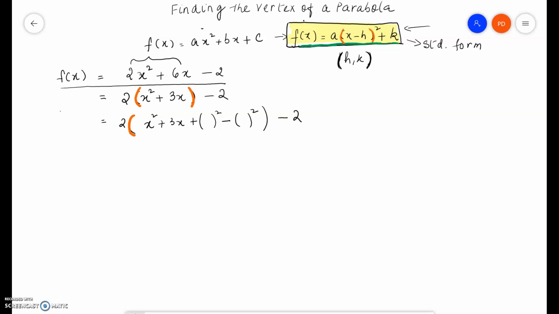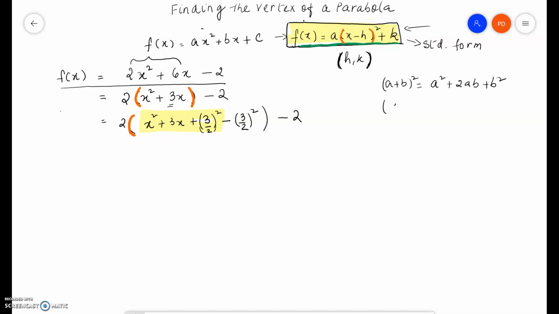And the number is, take the coefficient of x and divide by 2, and that's the number that is squared, and we add and subtract the same number. So the coefficient of x is the number multiplied to x, divided by 2 and then the whole squared. Now the first 3 terms here together form a whole squared. So remember that a plus b the whole squared is equal to a squared plus 2ab plus b squared.